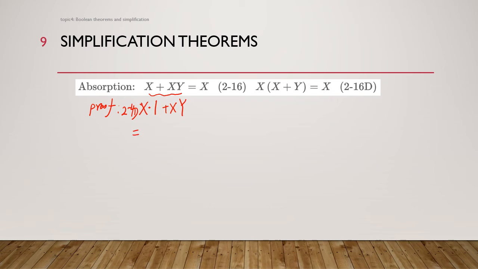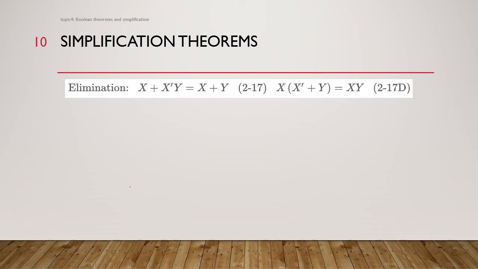Again, we can use the distributive law, which is 2-11, to put it as x and (1 or y). Now, if we apply 2-5, 1 or y should equal 1. And using 2-4d again, we get x. So it's true. And the right one is also true. So 2-16d is also true.